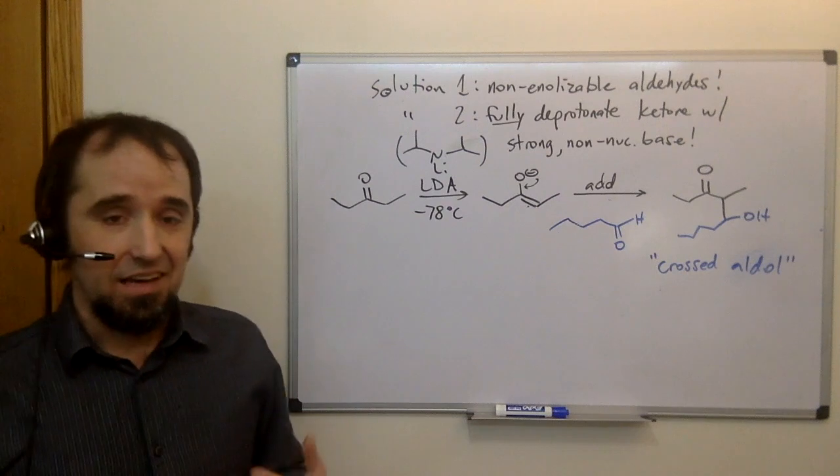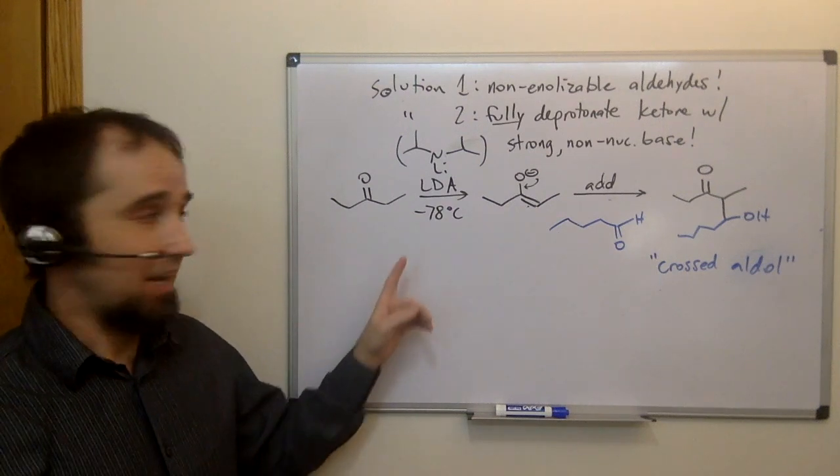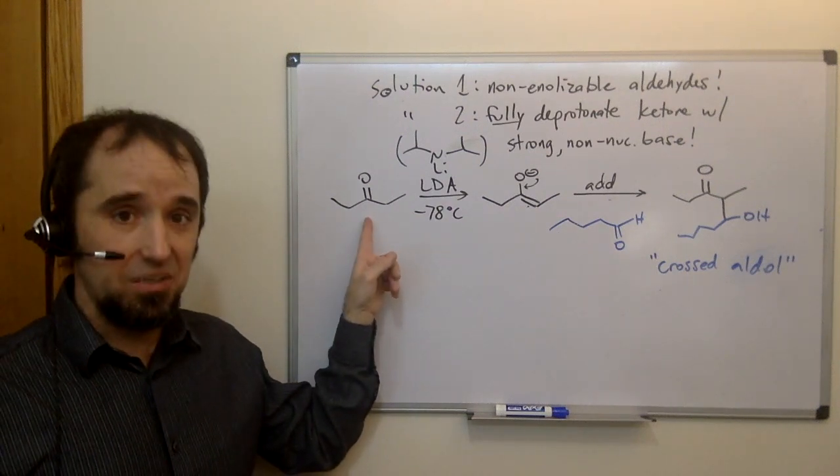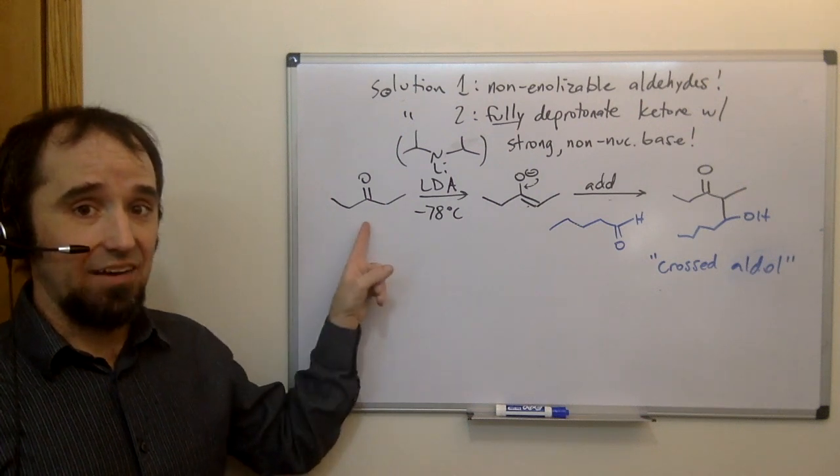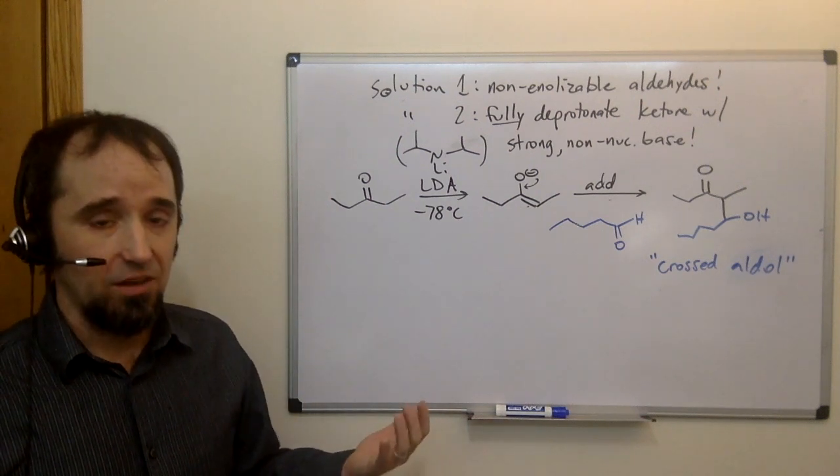And again, to complexify it further, you notice that I've been drawing symmetrical ketones, right? Sometimes I'll need to worry about how to deprotonate one side or the other, but we'll save that for another day.